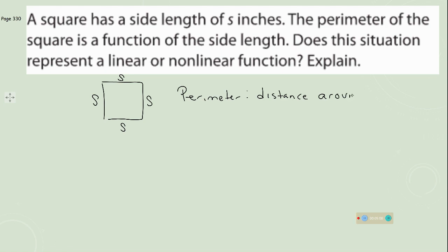In this case, we're going to add all the distances together, so the perimeter will equal s plus s plus s plus s, or P will equal 4s. Notice that we don't have an exponent, so this is linear. Okay? Your explanation is showing me what the perimeter is.